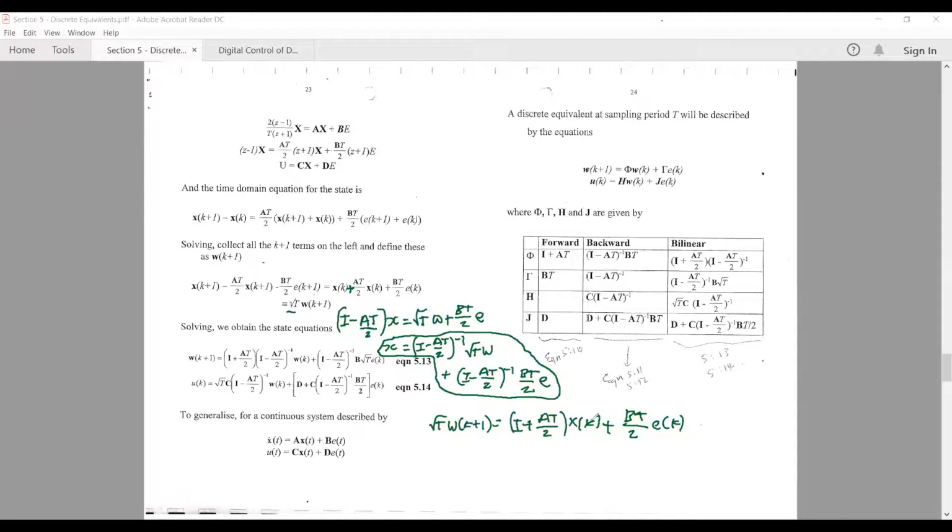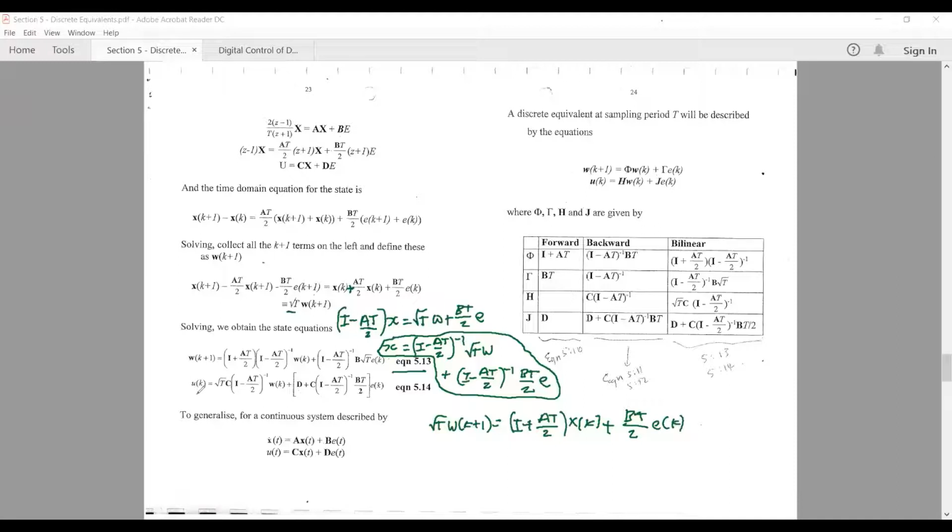So this whole thing I can substitute here, and when I multiply root T this side, then I will get this equation 5.13. So you can work this out yourself. So w of k plus 1 will be I plus AT over 2 into I minus AT over 2 inverse times w of k, and then I minus AT over 2 inverse times b root of T times e of k. So that's what I will get.